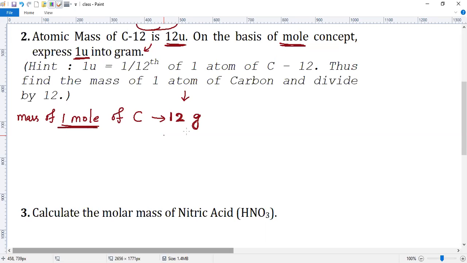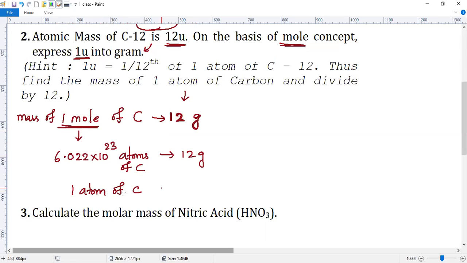This is the mass of 1 mole of carbon, that is 1 mole times the Avogadro number of particles, that is 6.022 into 10 power 23 atoms of carbon. Their mass is 12 grams.